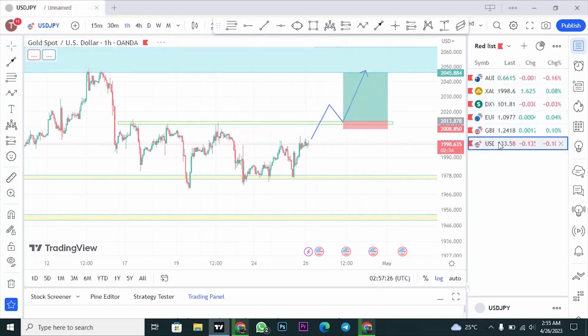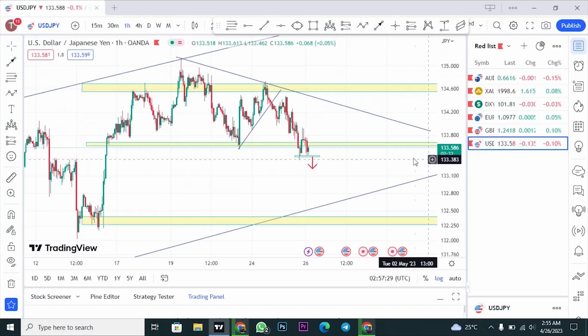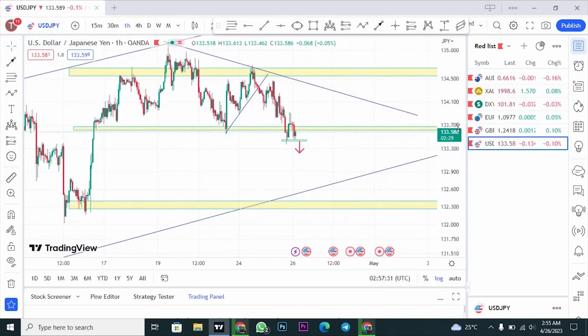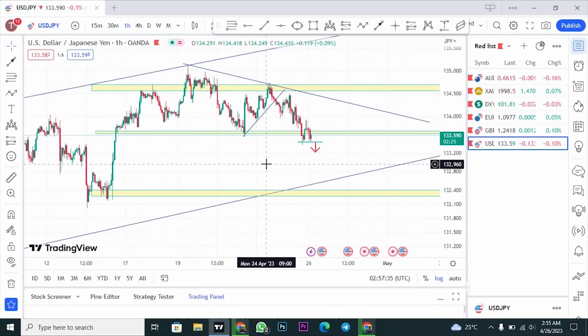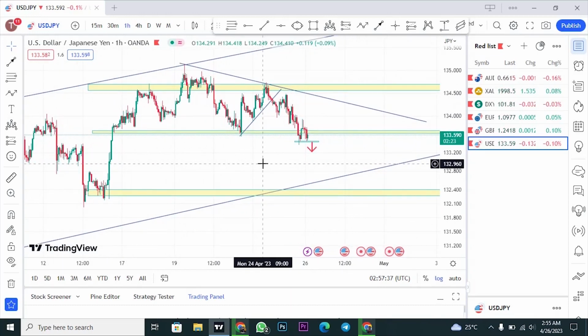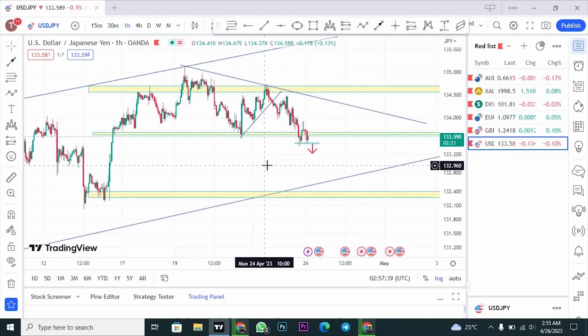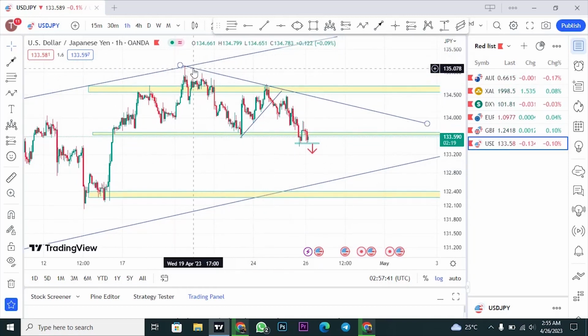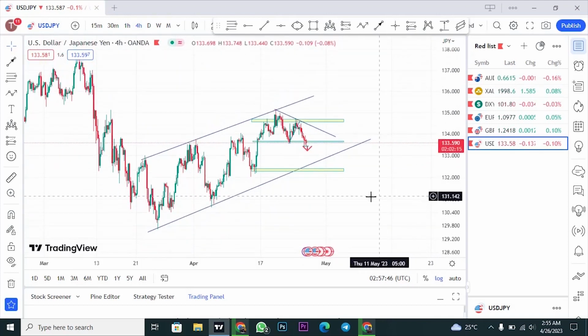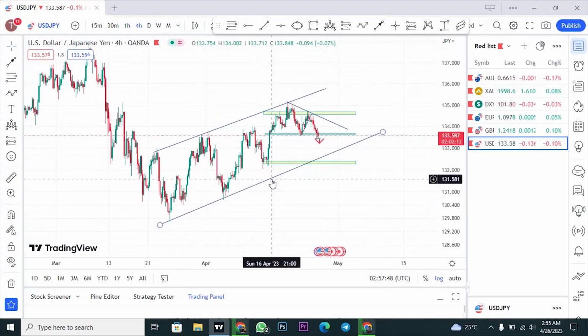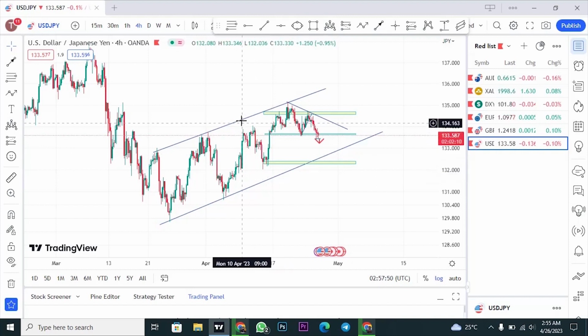Let's move on to USD. With USD, price came into a resistance right at this point. When I move backwards, you can see I have my trend line. This is a support trend line, and this is a resistance trend line.